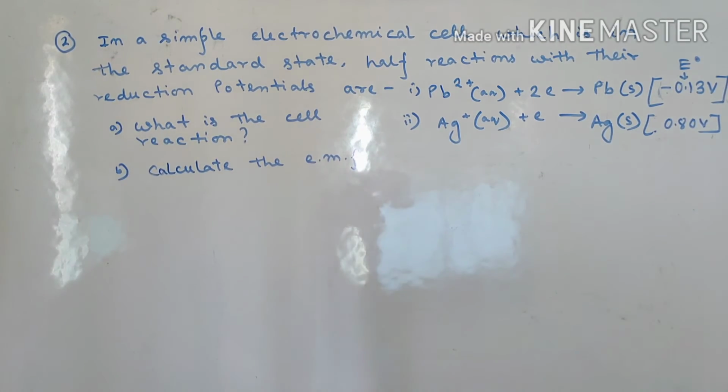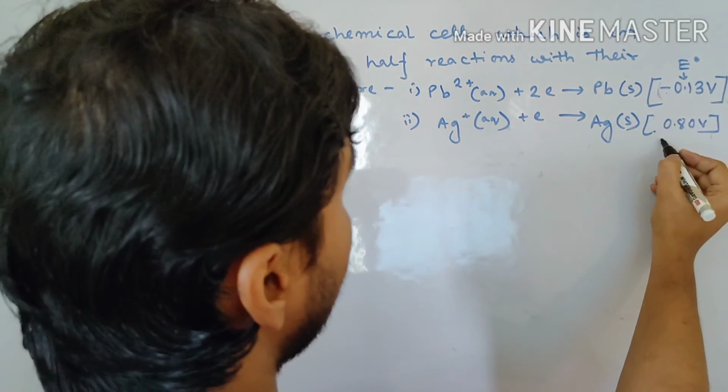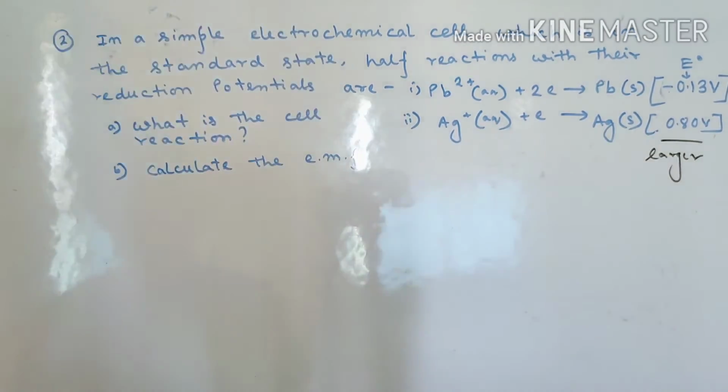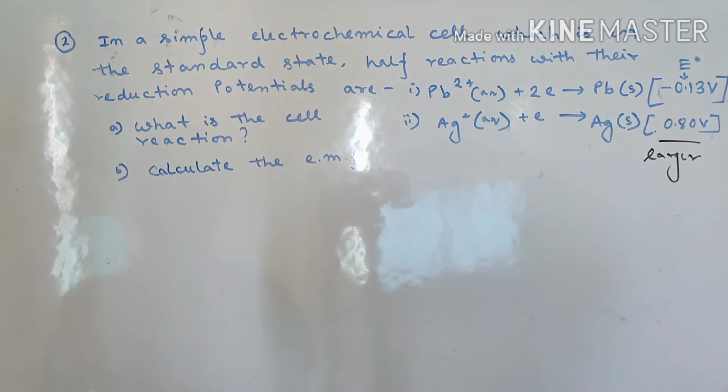So let us solve. First thing first, two things are written. Clearly it is visible that 0.80 is larger. So this should be cathode. So the opposite one should be anode.